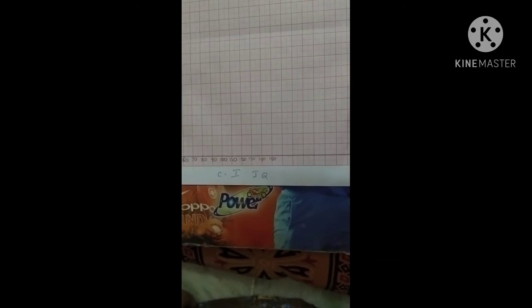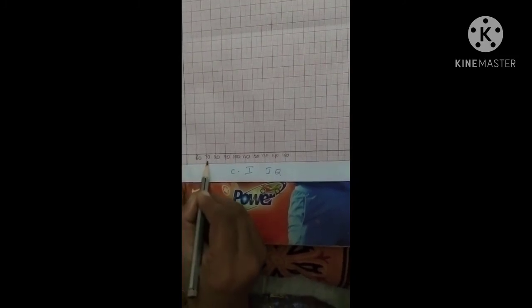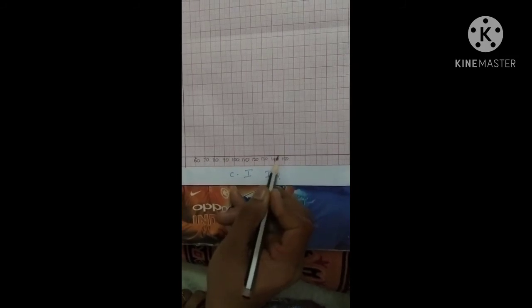Here up to 130 only is there. Okay, children, did you understand? So 60 onwards we have to take. The thick lines only, the distance up to here is 1 unit. So 60, 70, 80 and up to 150 we have to take, children.